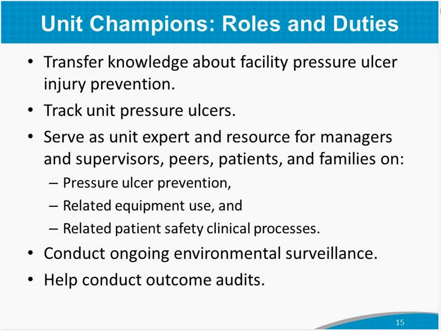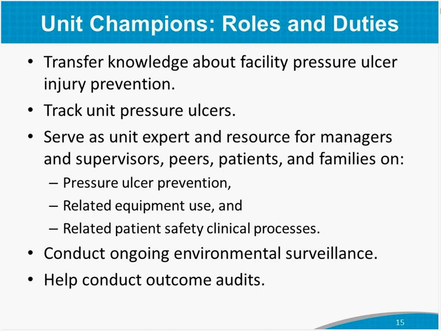Some other things are that they will help transfer knowledge about pressure ulcer injury prevention, and that's where the new guidelines come in. There are 475 recommendations in the new NPUAP, EPUAP, PPPIA pressure clinical guideline.